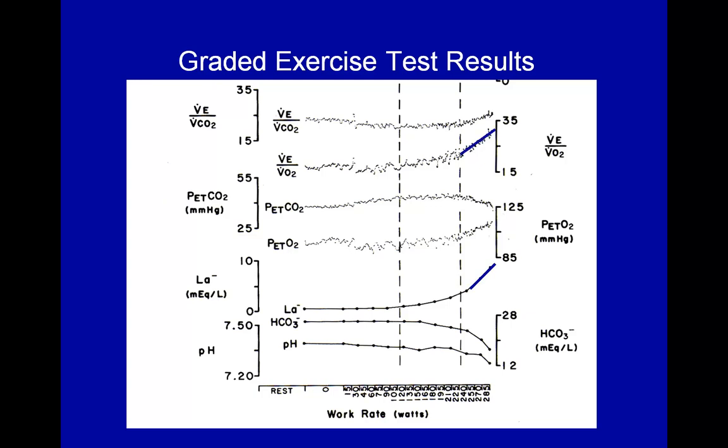So these are the reasons why we don't have to draw arterial blood gases to tell us when lactate goes up, because the measurements that we make from ventilation are directly linked to what's going on in arterial blood gases.